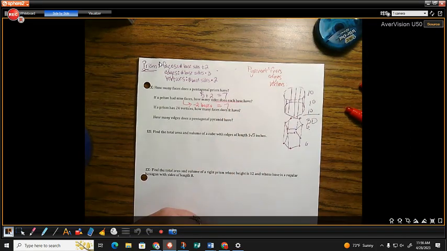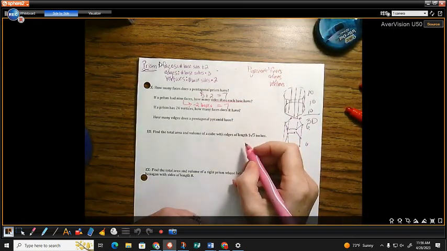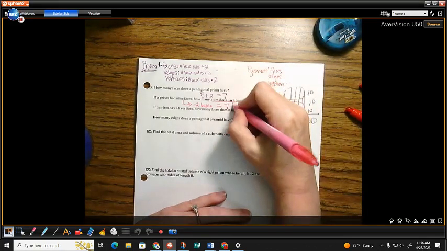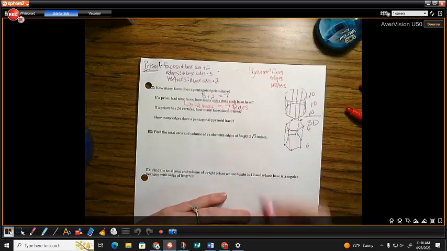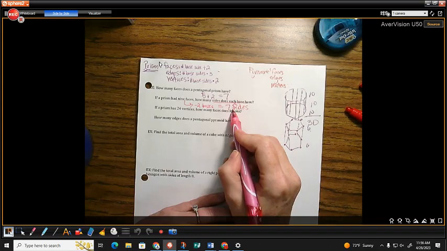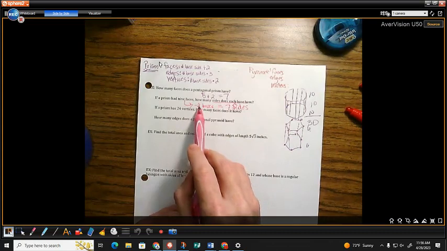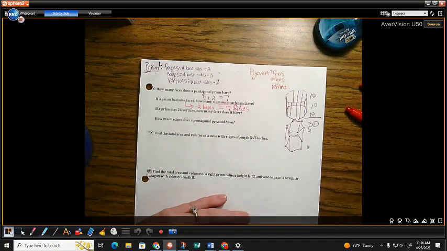If I have 7 lateral faces, how many sides have to be on the base? That same number. So it's going to be 7. 7 sides on each base. And you can work it backward to make sure. If I had 7 sides on the base, that would give me 7 rectangular lateral faces plus 2 more bases to give me 9. You can rework them backward to make sure your thinking was right. And I recommend that if you're unsure.